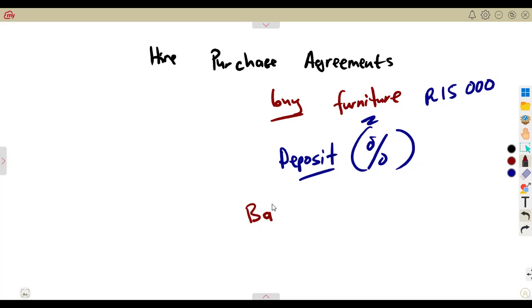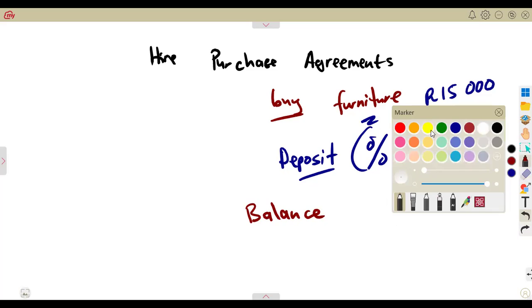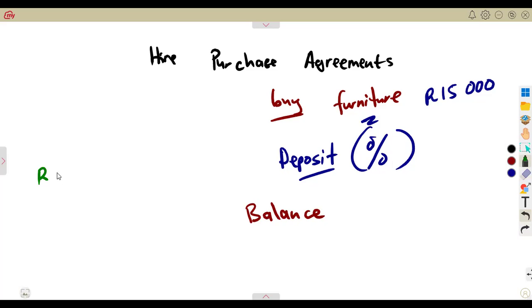In actual sense, you'll be thinking, let us just say I've got something that is being sold at 10,000. This is what most people think. You pay a deposit, maybe a deposit of 10%.